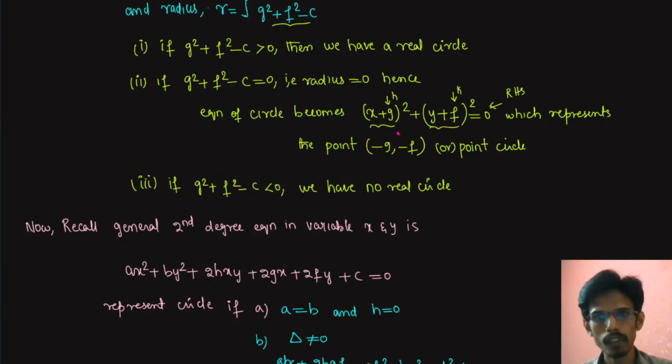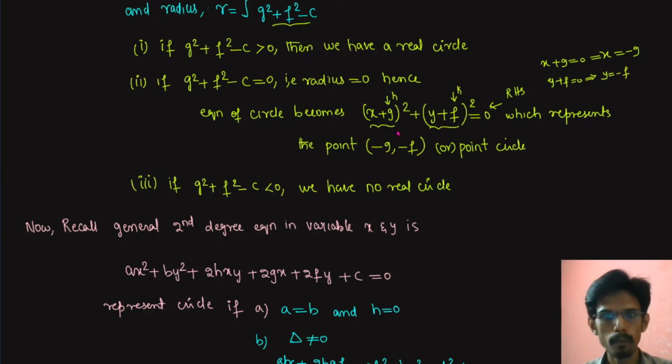So after equating to 0, I will get x plus g equal to 0, that will be x equal to minus g, y plus f equal to 0, that implies y equals minus f. So we will get a point minus g comma minus f, or we call that a point circle.